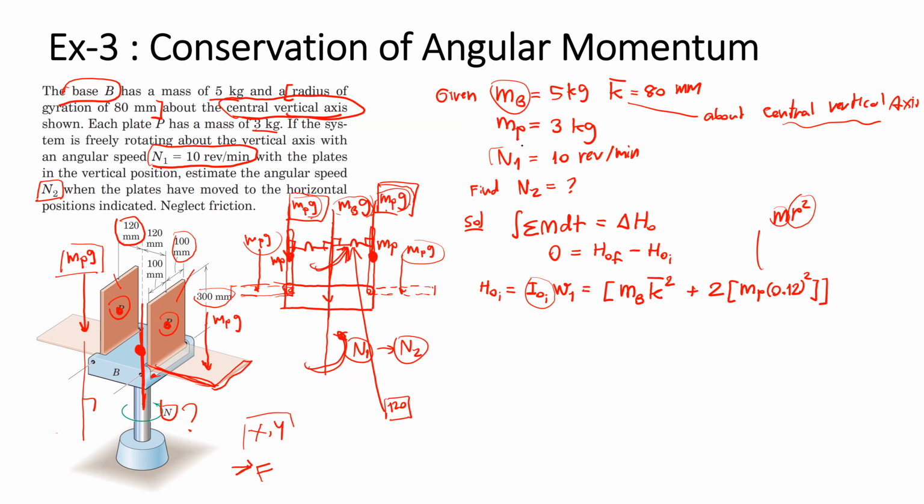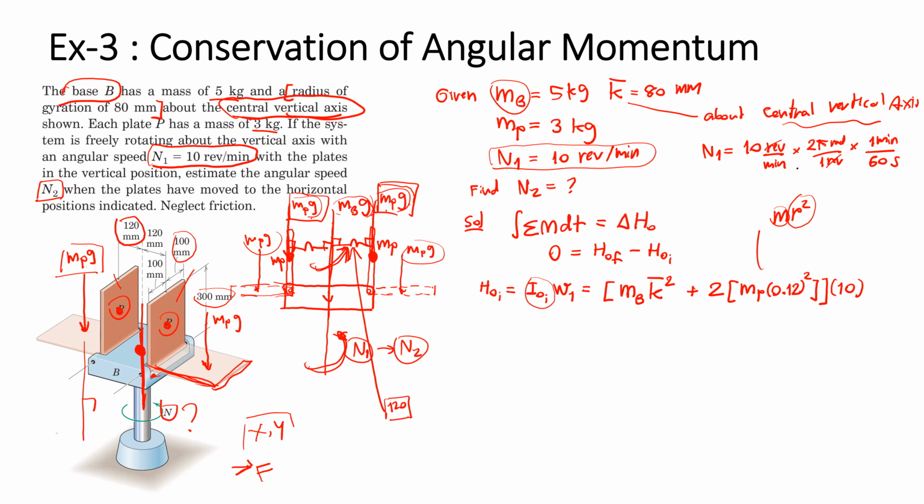And the speed at the initial condition, n1, is equal to 10 rev per minute. We have 2 pi radian per 1 rev, and we have 1 minute equal to 60 seconds.